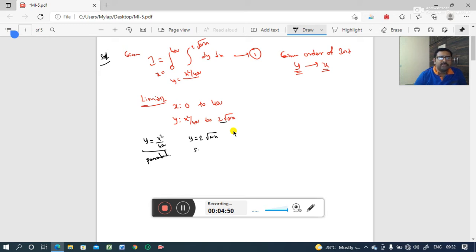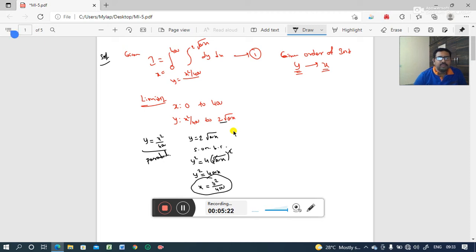If you square on both sides, you get y square equals 4 times ax, since the square and root cancel. So y square equals 4ax. It means x equals y square by 4a.